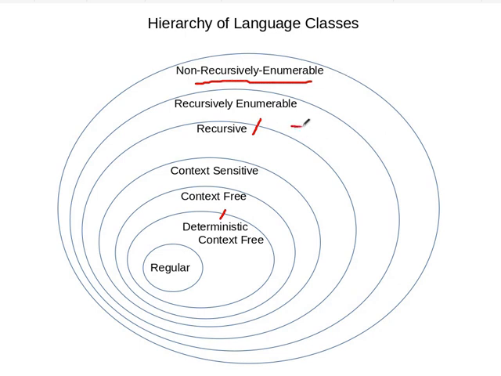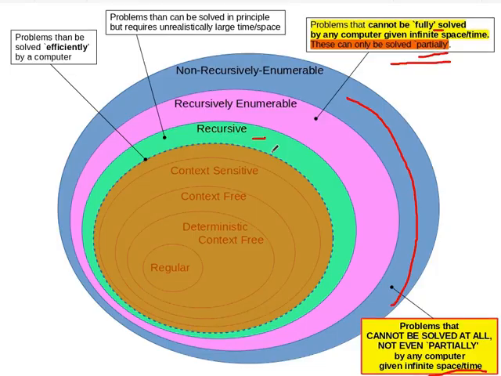These problems can be solved partially, and these problems can be solved, but again, we said that this can be solved efficiently, this cannot be solved efficiently. So this is the final goal, to classify problems according to their hardness.